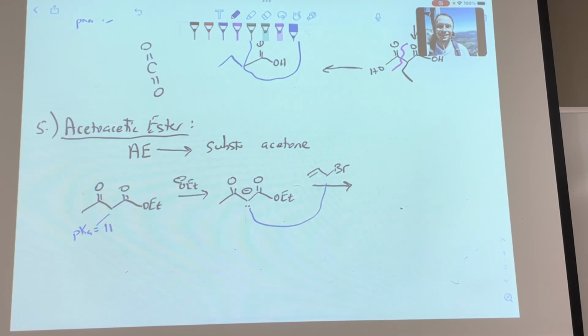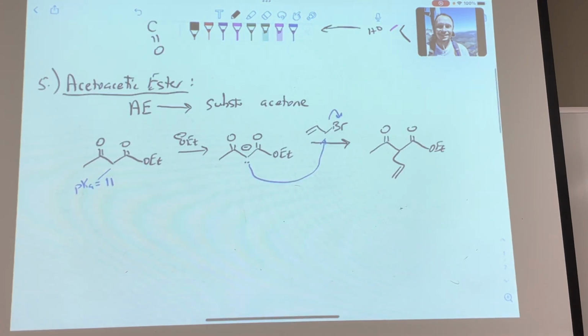SN2 chemistry. That's what we get initially.